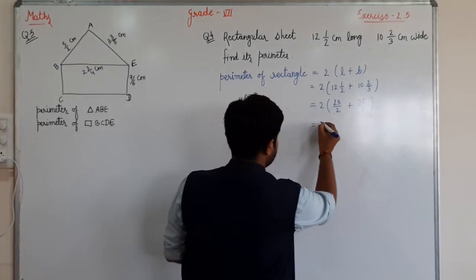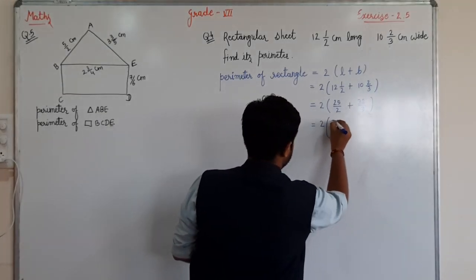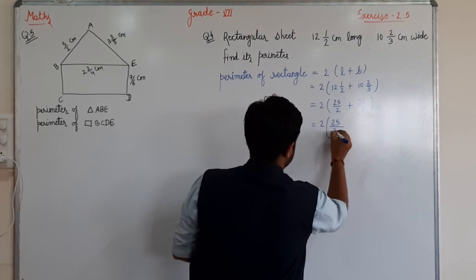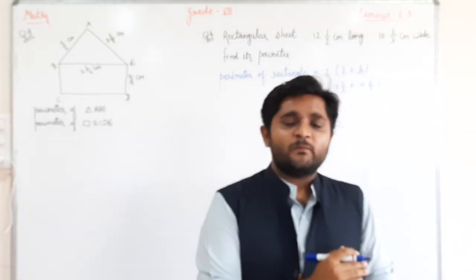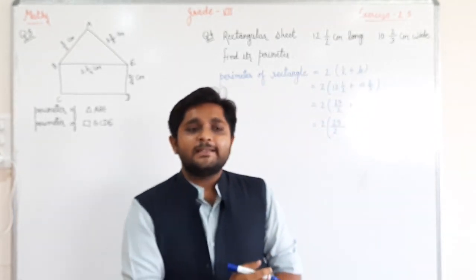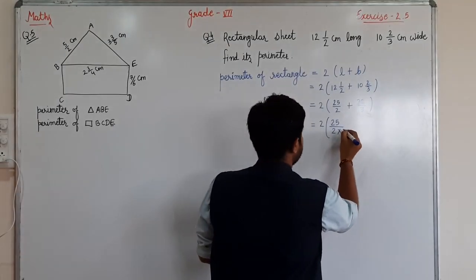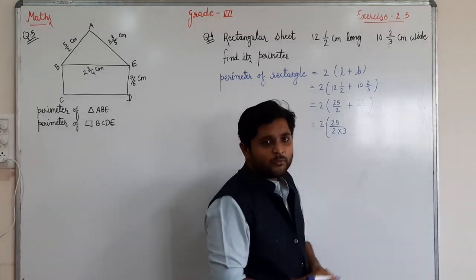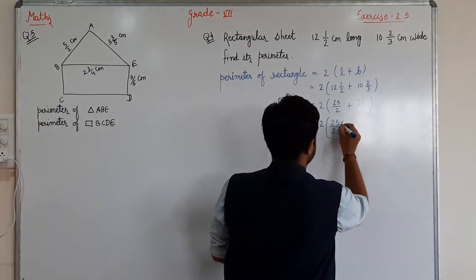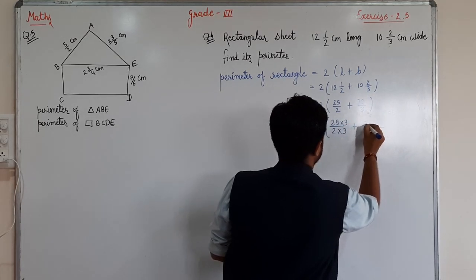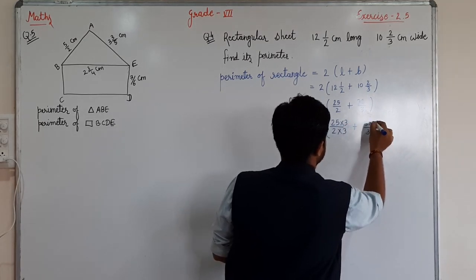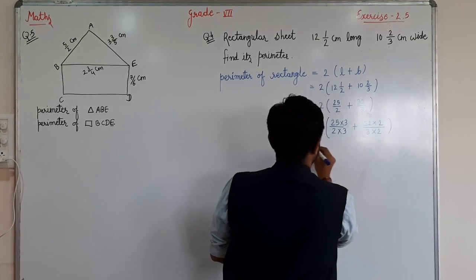Here, 25 upon 2. If you want 6, multiply this 2 with 3. 2 threes are 6. And the same operation we have to do with the numerator also. Plus 32 upon 3. 3 twos are 6, so here we multiply with 2.